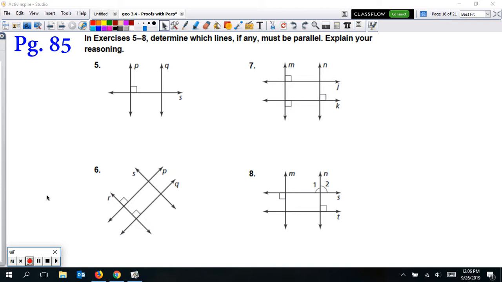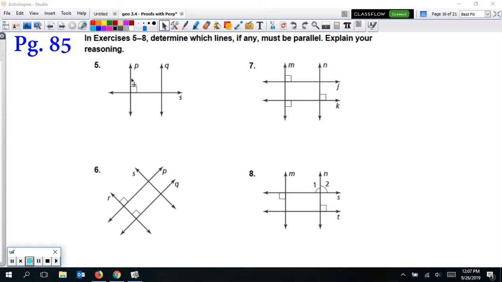All right, there on page 85, we have just 4 more here. It says determine which lines, if any, must be parallel. Explain your reasoning. So we'll explain it using the theorems we were just looking at. So for number 5, you can see it just has the one mark there. There's only one 90 degree mark, and nothing else anywhere else.